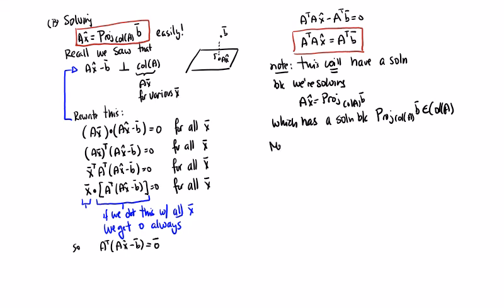And so moreover, we can say one other thing. We can say that it will have a unique solution when the columns of A are linearly independent. Let me not forget the word unique.